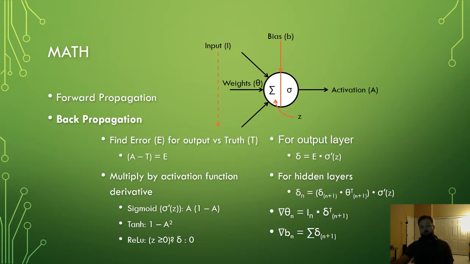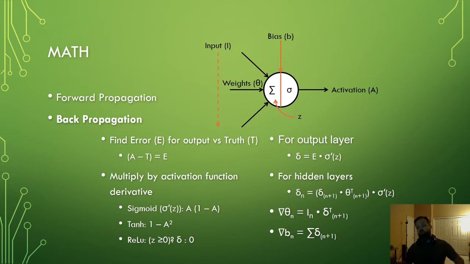Once we've gone all the way through the network, repeating that for each layer, we're going to have our output at the end. We're then going to take our output and compare that against what I like to call our truth. So in other words, in our housing example, if the final value it spit out at the end was $200,000, but our house was actually $150,000 when it sold, our error was plus $50,000.